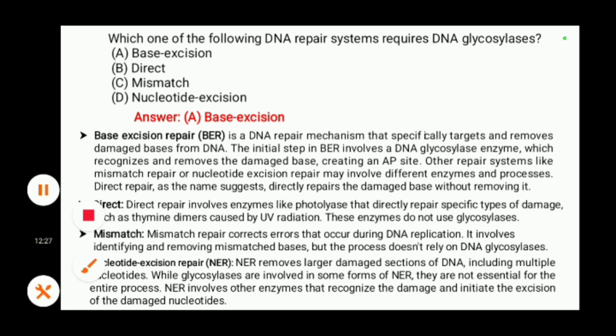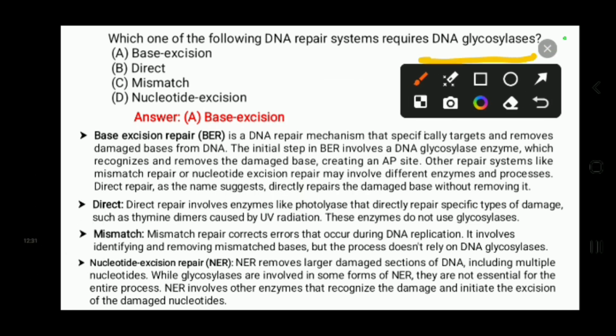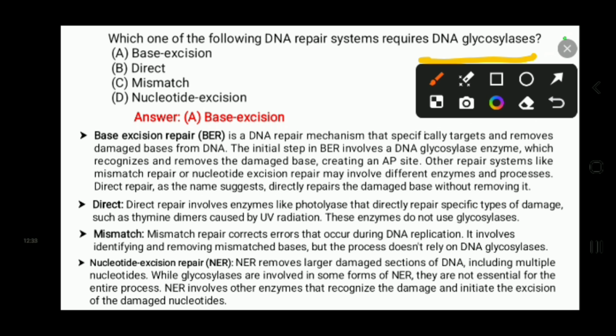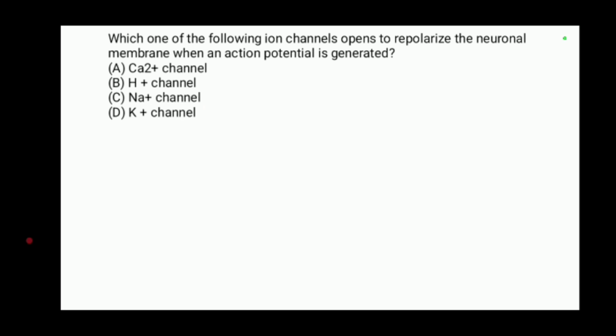So the base excision repair system requires the DNA glycosylase, which recognizes and removes the damaged base, creating an apurinic site.